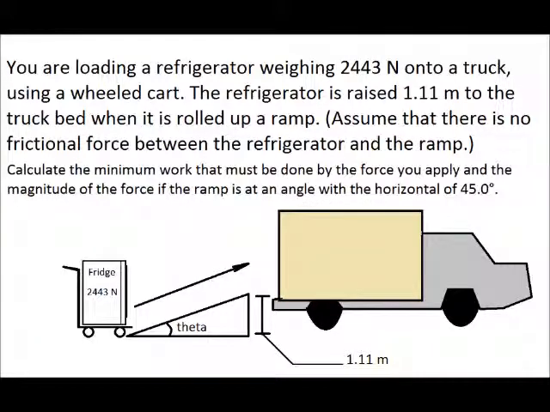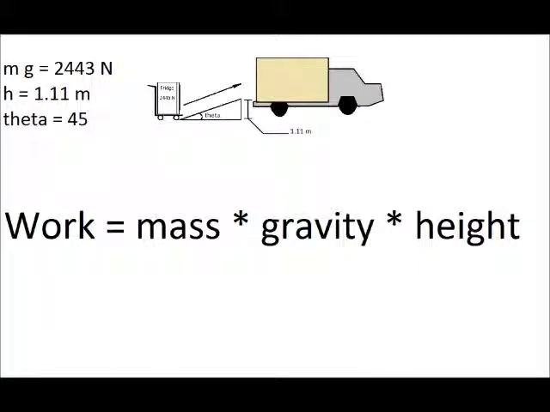And part A is you have to calculate the minimum work that must be done by the force you apply and the magnitude of the force if the ramp is at an angle with a horizontal of 45 degrees. Okay, so first for work, you must know that work equals mass times gravity times height, or mgh.